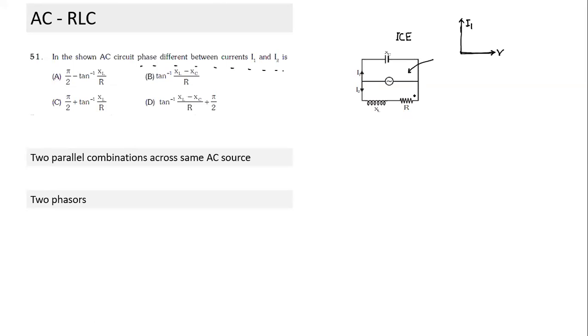And if I draw for the lower half, XL is there, R is also there. If XL and R both are there, what kind of circuit would this be?